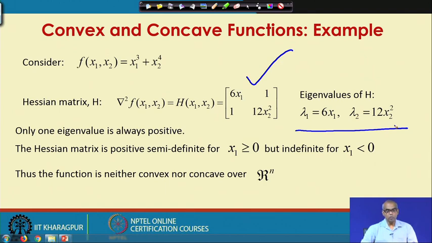So, one eigenvalue is non-negative, the other may be greater than 0, equal to 0, or less than 0. So, the function is neither convex nor concave, because the Hessian matrix may be indefinite.